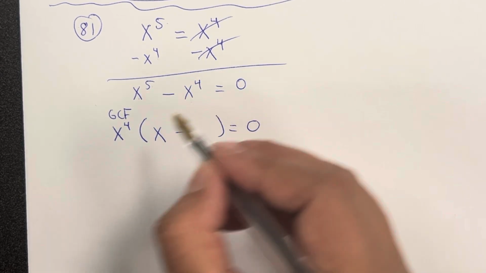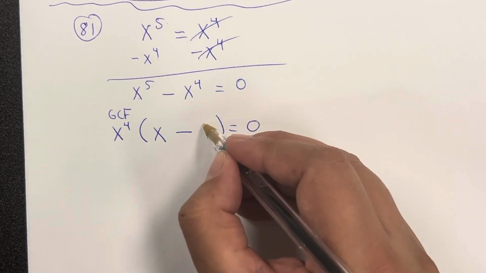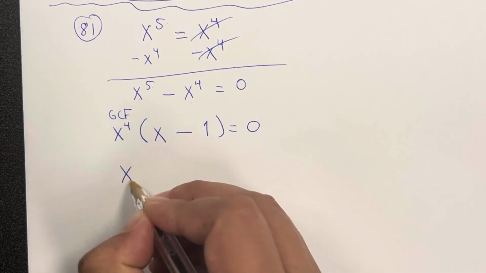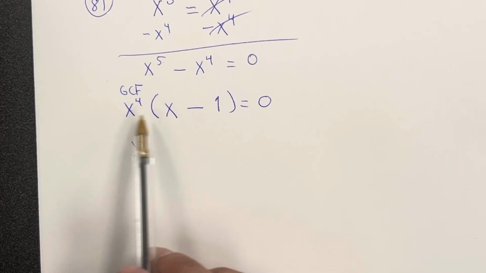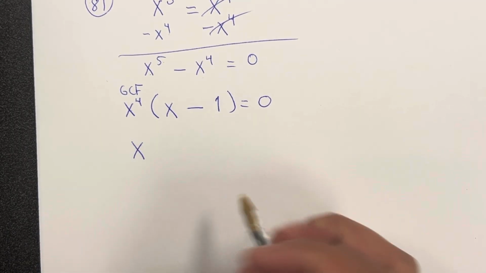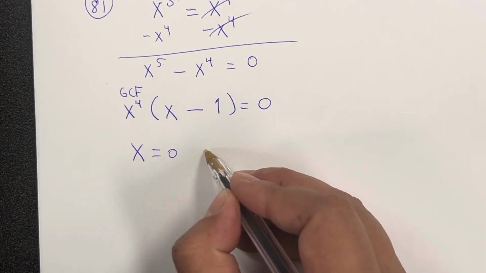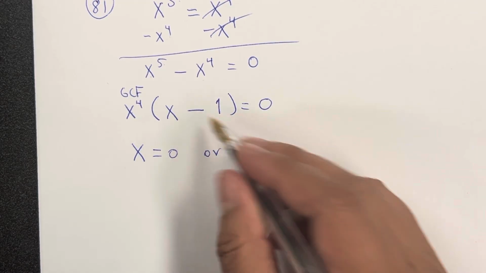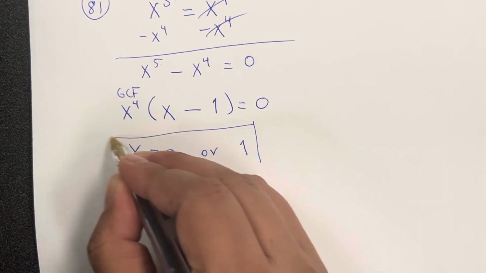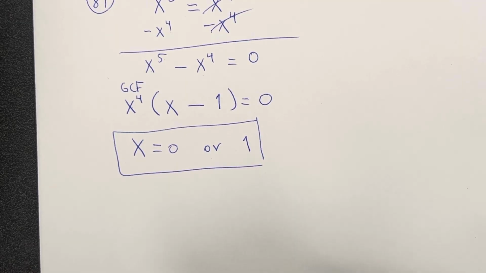And anything divided by itself, x to the 4th divided by x to the 4th, is 1. Again, we said that whenever x doesn't have a subtraction or addition, then the value of x is going to be 0. Or if we're subtracting, that means that x is going to be 1. The opposite of whatever is being added or subtracted.